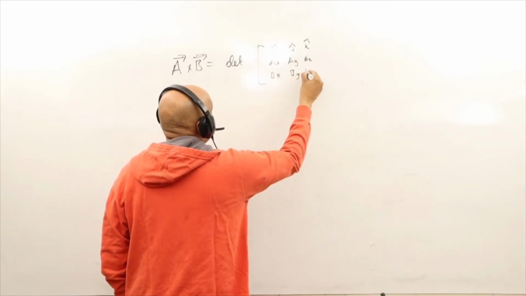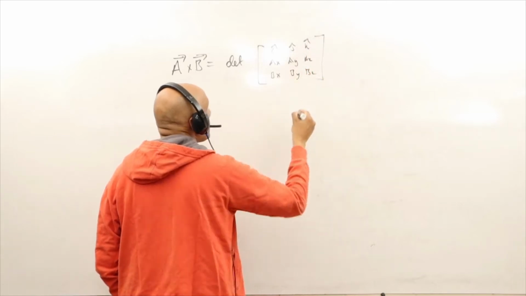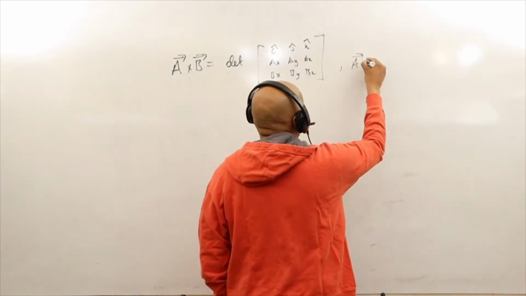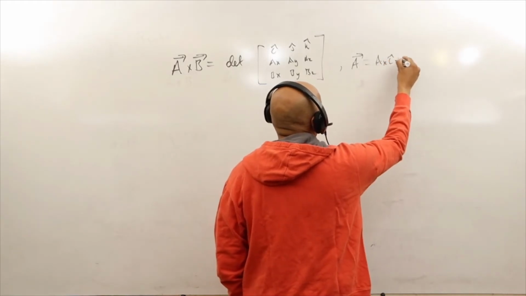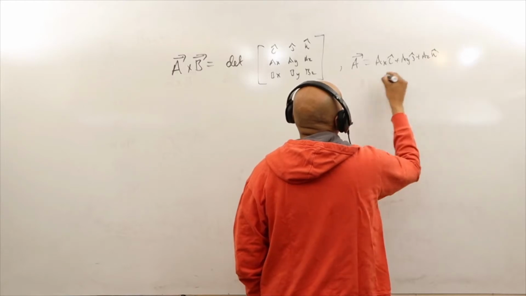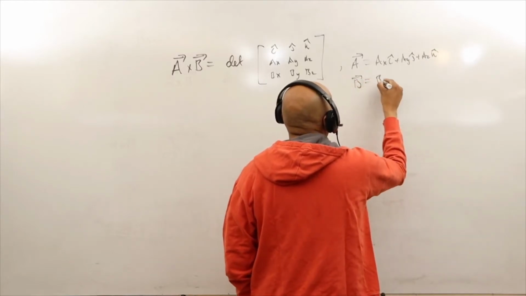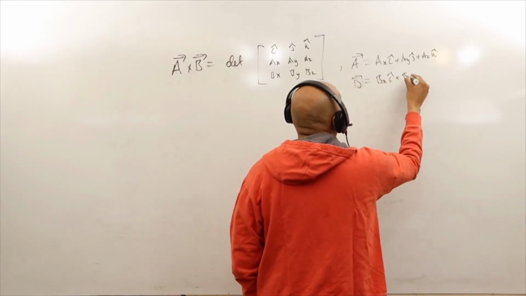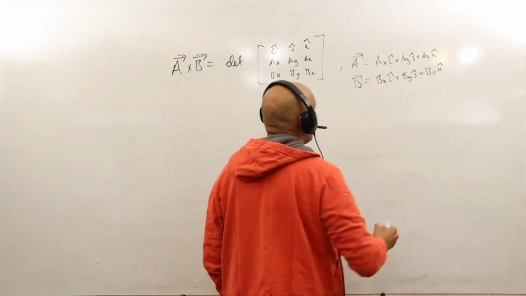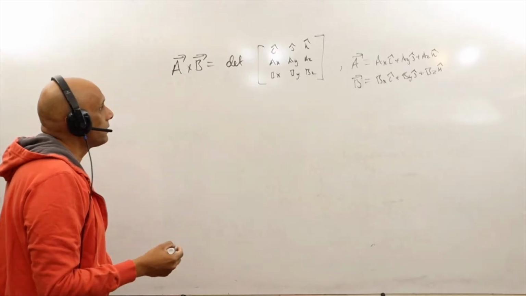So algebraically we can solve this, assuming of course that vector A is Ax i plus Ay j plus Az k, and vector B is Bx i plus By j plus Bz k. Okay, so this is the first definition.